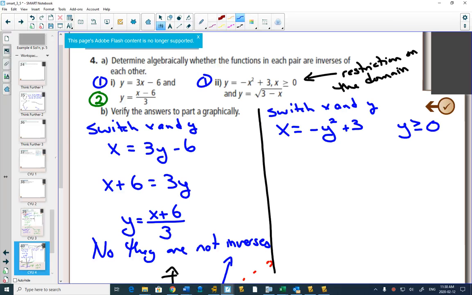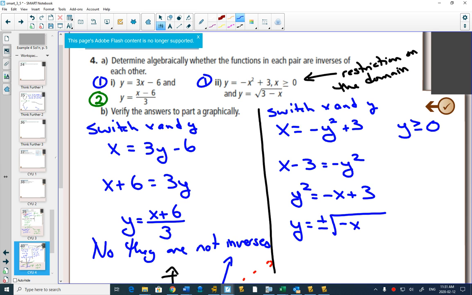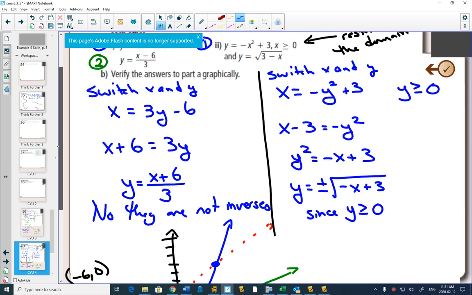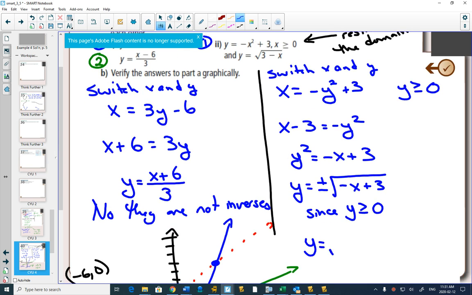So now if I'm solving for y, I'm going to move the 3 over to the other side, get the y squared by itself, square root both sides, where you would get plus or minus. But since y has to be bigger than or equal to 0, the only one that makes sense is the positive one, square root of negative x plus 3.